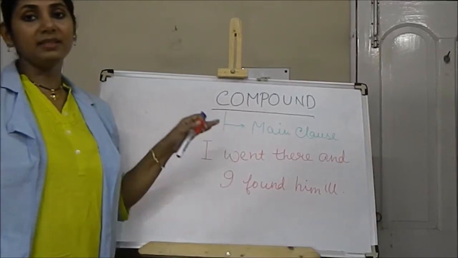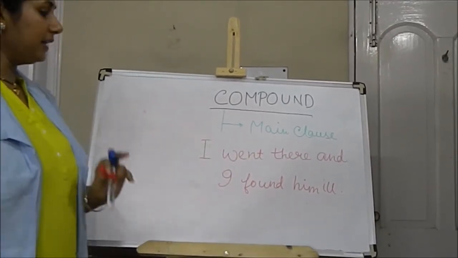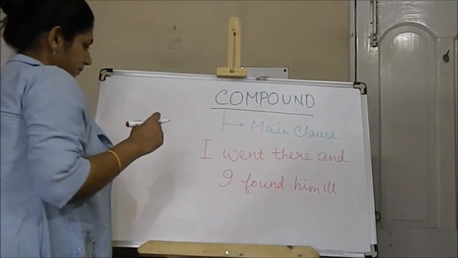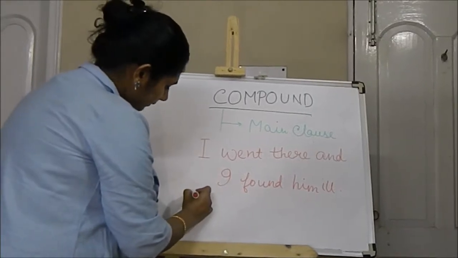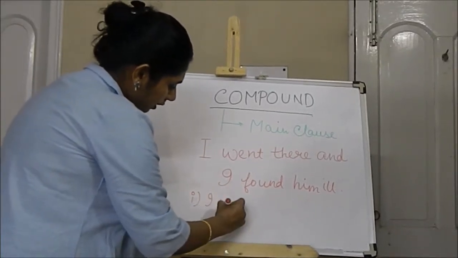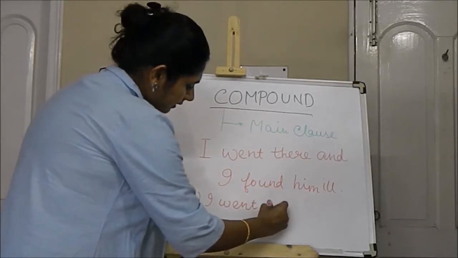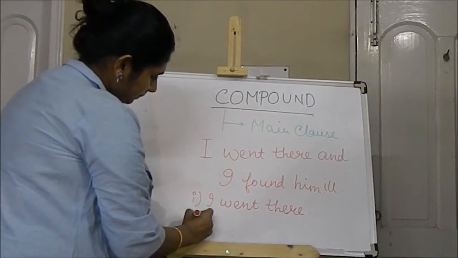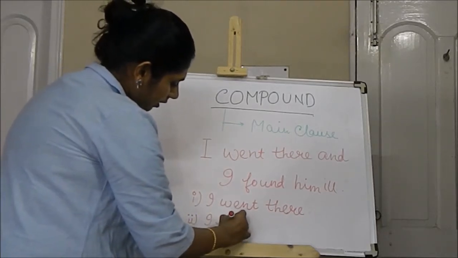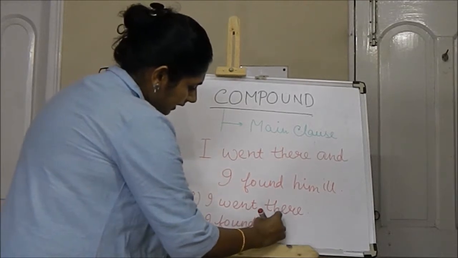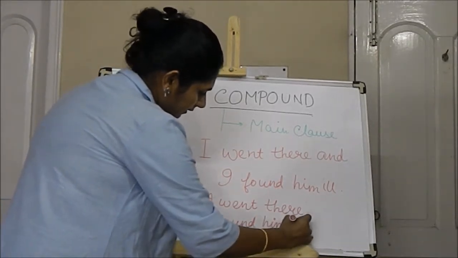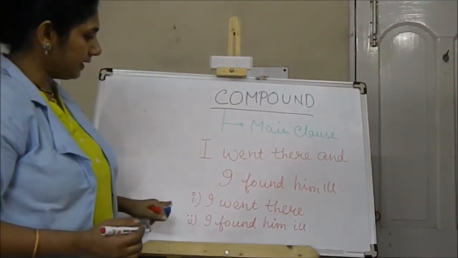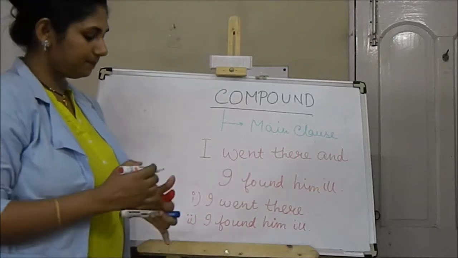If I break this particular sentence, I will get two parts. Number one, I went there. Number two, I found him ill. These are the two parts which I will get if I break this sentence.